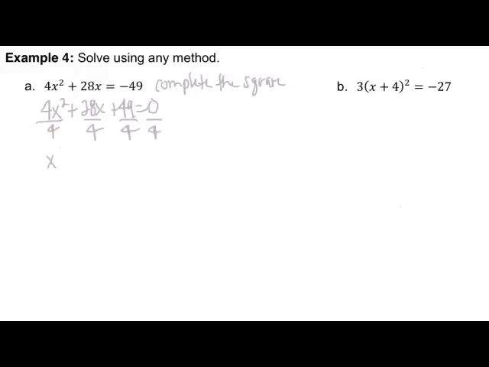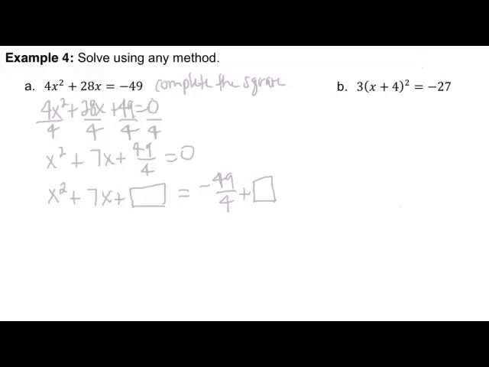That's going to give me x squared plus 7x plus 49 fourths equals 0. And now again, I need to rearrange it so that I have that blank for our c. So I'm going to subtract 49 fourths. So I have x squared plus 7x plus our box equals negative 49 fourths, again, plus our box.